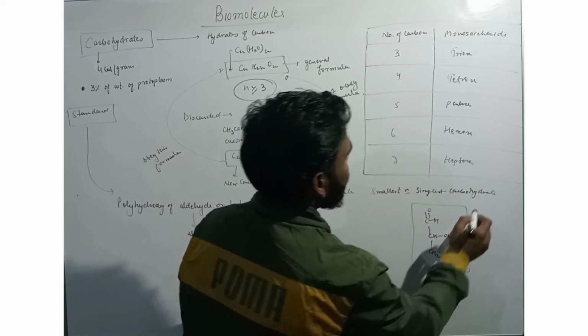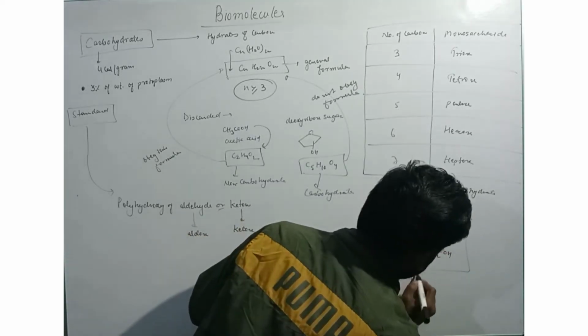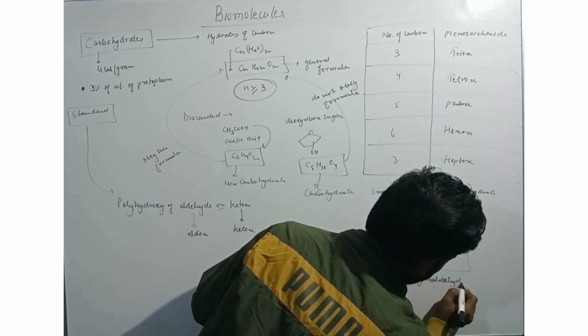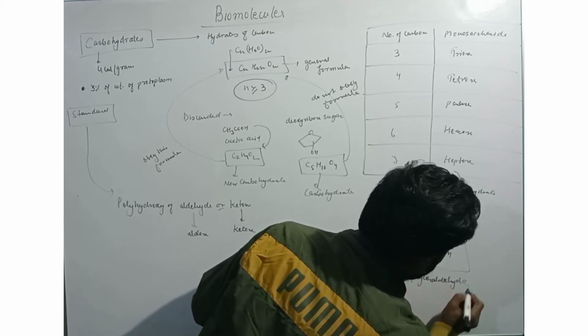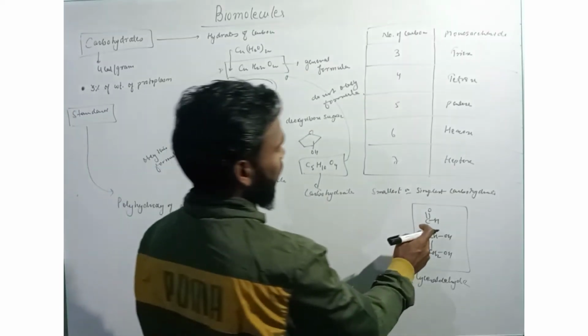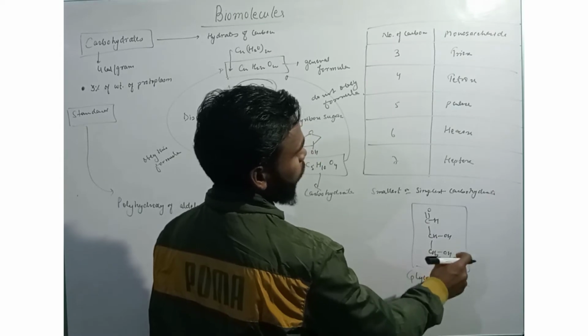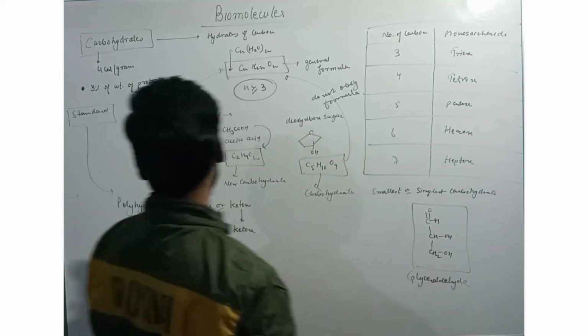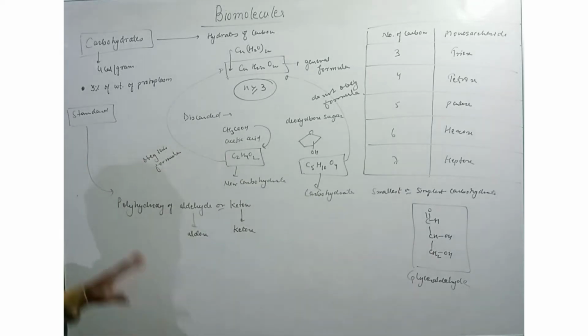This is the structure of glyceraldehyde. It is a 3 carbon compound. It contains an aldehyde and also contains polyhydroxy groups. So this fulfills the criteria of the standard definition, that is polyhydroxy aldehyde or ketone.